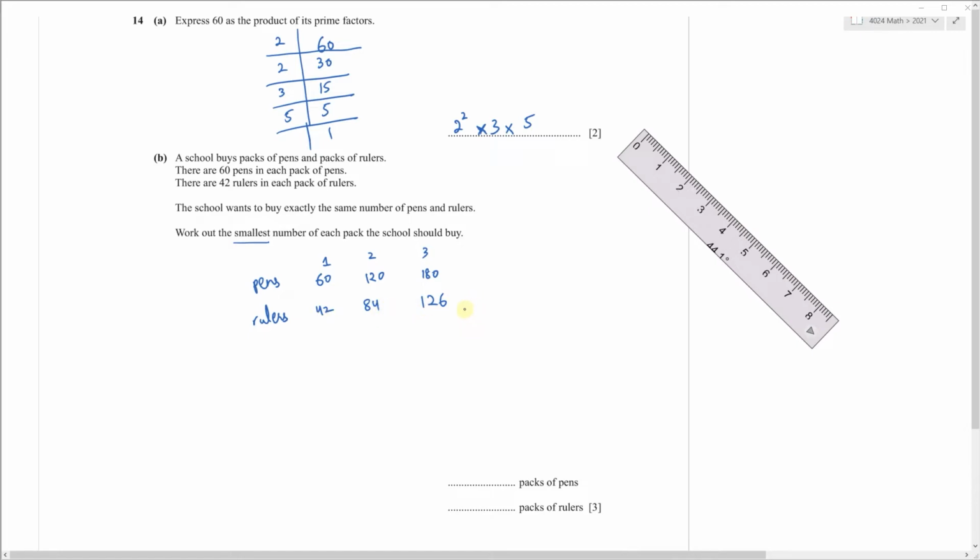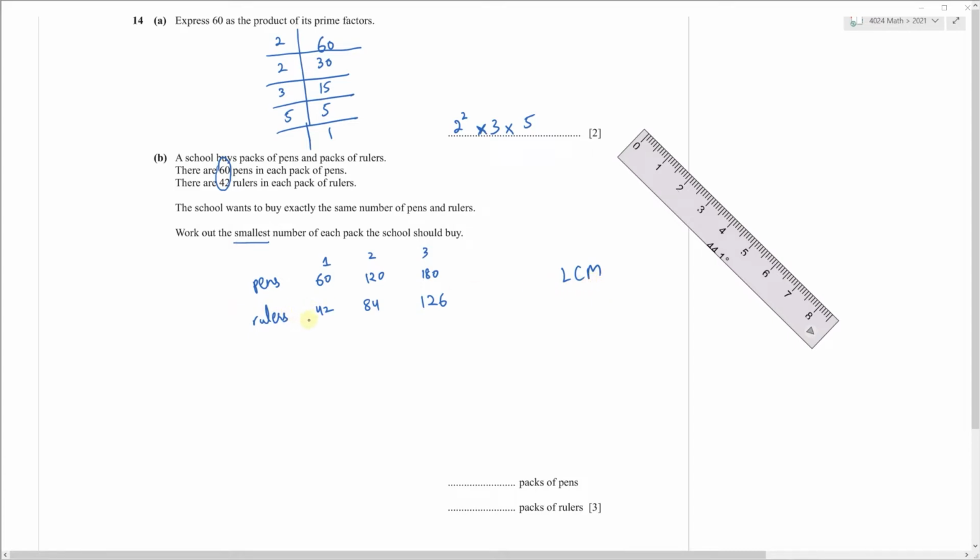So pens you can only buy in multiples of 60, and rulers you can only buy in multiples of 42. So you're looking to buy exactly the same number of pens and rulers. What is the smallest number of packs? So you're basically looking for a common multiple of 42 and 60, and you want the smallest common multiple because you're working out the smallest number of each pack. So basically you're looking for the LCM of 60 and 42, which is the lowest common multiple.